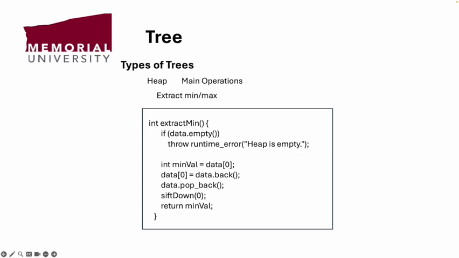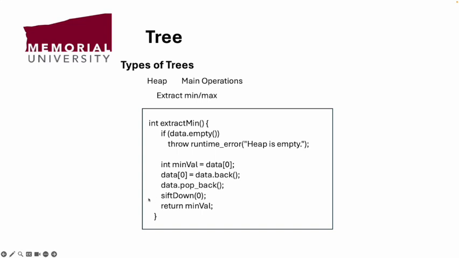All right, this is the code. This first checks whether it's empty or not. And then what do we do? We have the minimum value equal to the first element, and then swap the value from first and last. Then pop back the last one, and then we do the shift down.